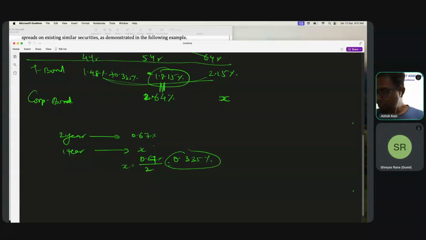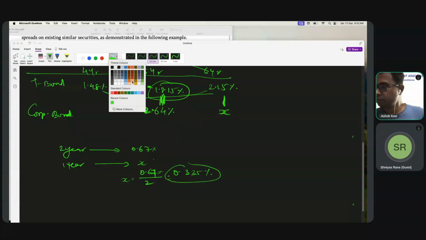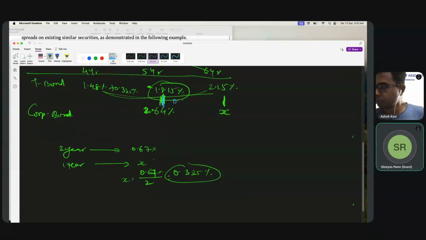Now how do I do it? See, this difference will come here as well. What is this difference? 1.815 minus 2.64 is 0.825.